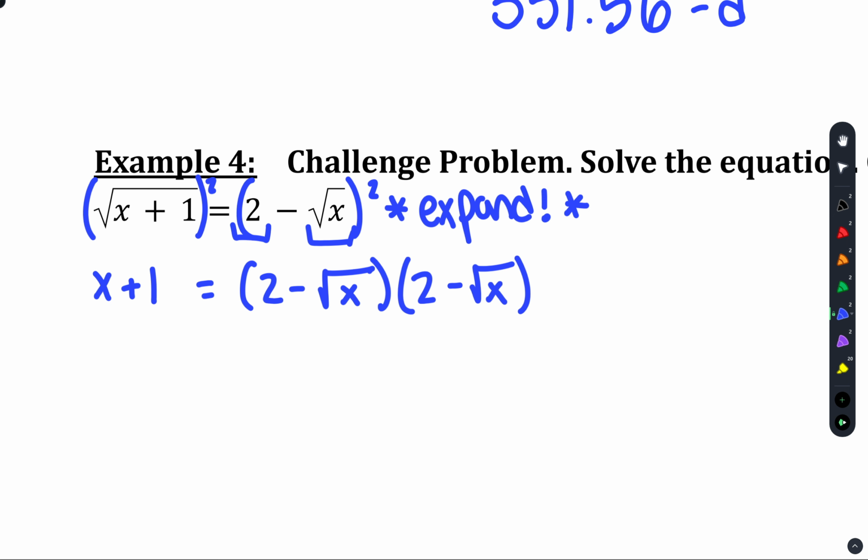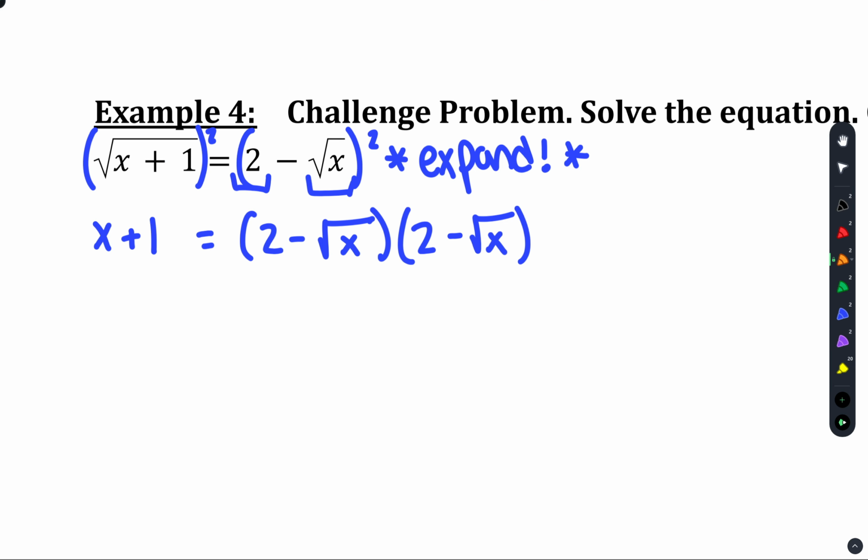Then just like we did in 10.3, because we're not forgetting our radical rules yet, we are going to distribute those 2 binomials. That means it's going to look like 2 times 2 is 4. 2 times negative square root x, the 2's on the outside, the x is on the inside, so they can't go together. It's just negative 2 square root x.